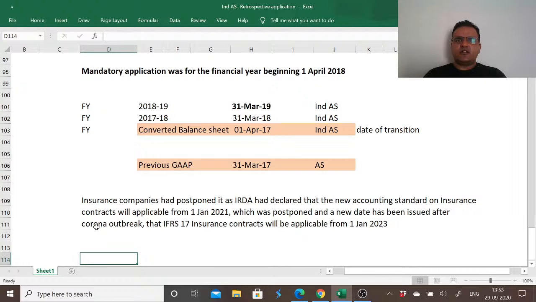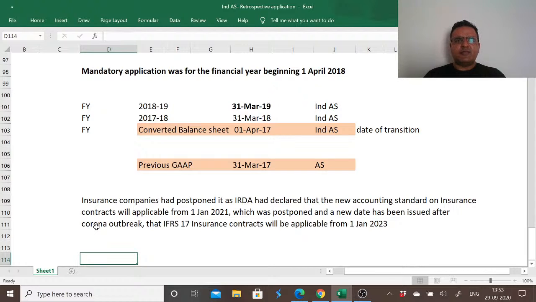So the insurance regulator was very clear that if we implement Ind AS around 17, 18 or 19, and then the new standard is issued, the compliance costs will be doubled. They'd be in trouble applying Ind AS 104 insurance contracts now, and in future when ICAI publishes Ind AS 117 insurance contracts, they'll have to implement it again.